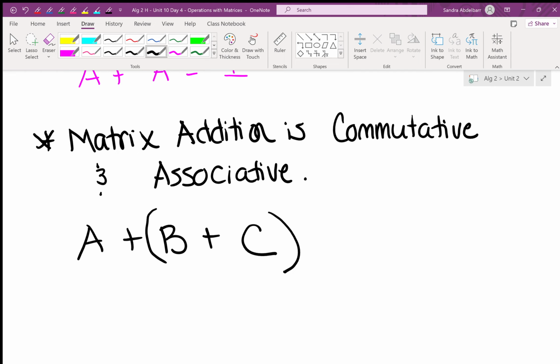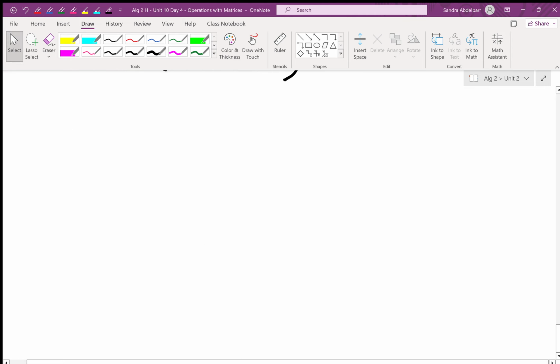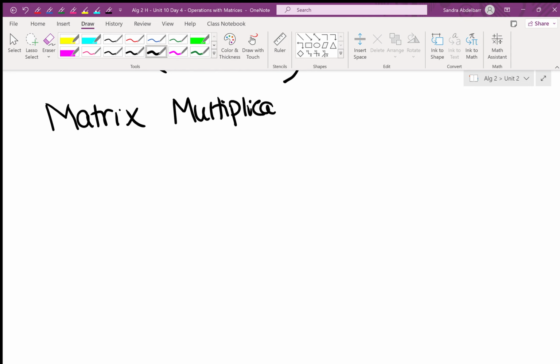All right, so matrix addition is so nice and easy. Matrix multiplication is not. So let's talk about that. Starting off simple, if you multiply a scalar, which is just any real number, with a matrix, all you're going to do is distribute that real number to every element of the matrix.